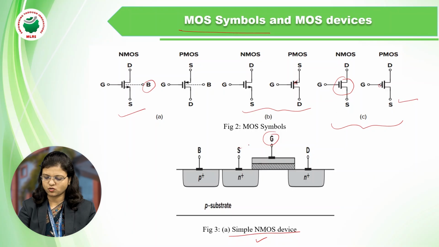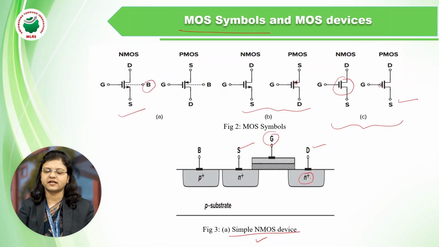These are the source and drain terminals, and here the N plus region is there. This plus indicates that these two regions are highly doped. Now this is the substrate.